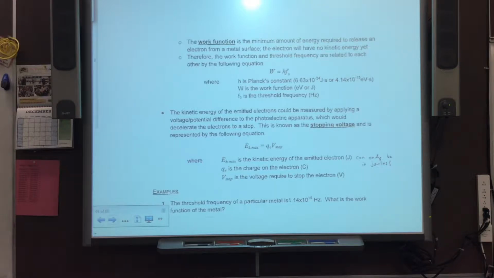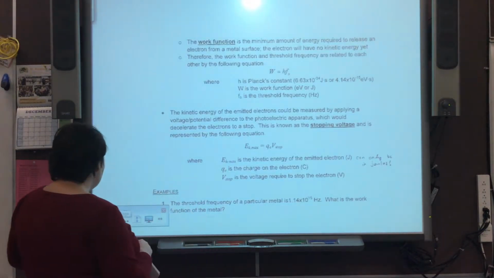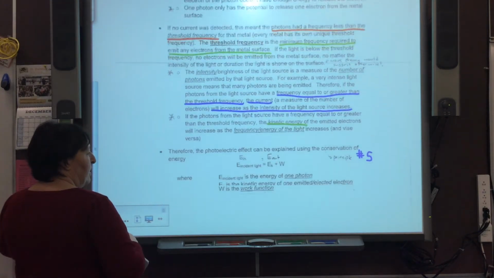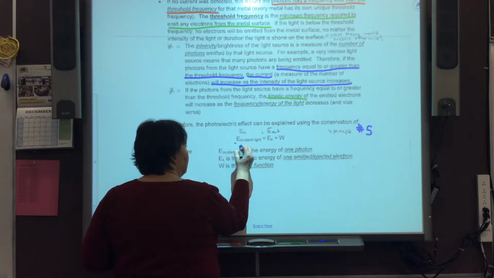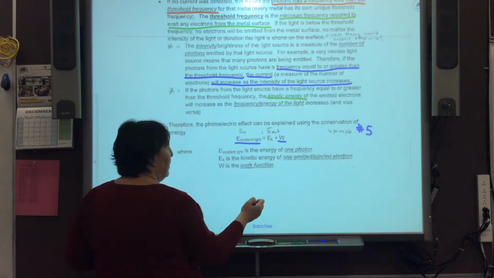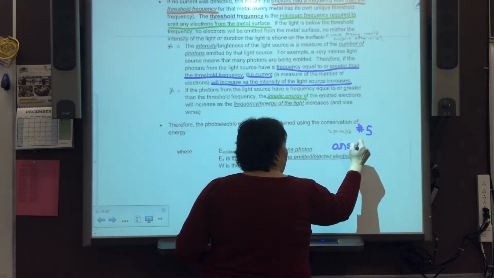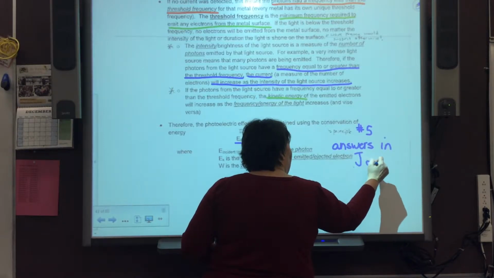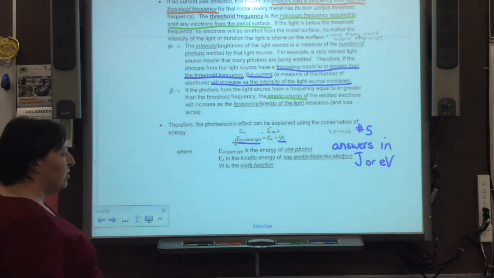Oh, one other important thing here: because we're looking here at incident light and we're looking at work, we can have answers in joules or electron volts.